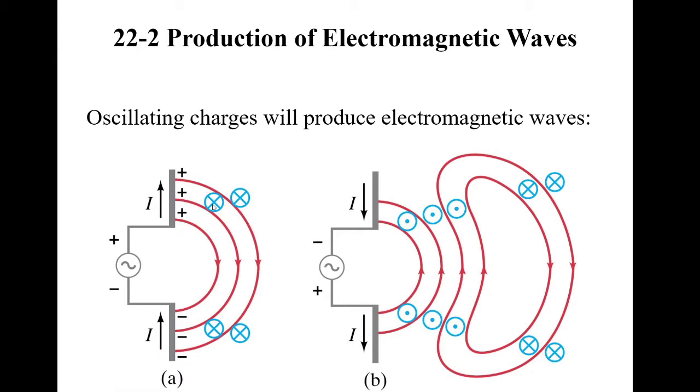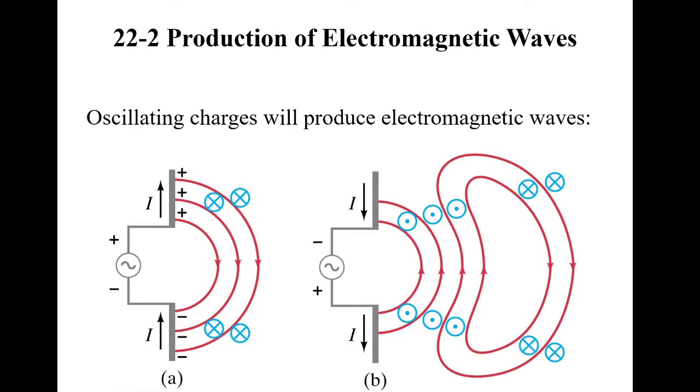Okay, so what this is trying to tell you is if you have oscillating current within these wires, then there's a magnetic field that, of course, is going to be produced in concentric circles around the wire. But when the direction of the current constantly changes, the direction of that magnetic field is going to flip, right?